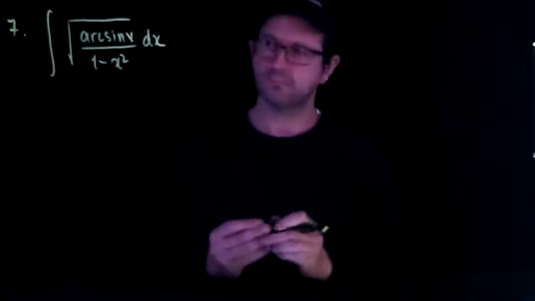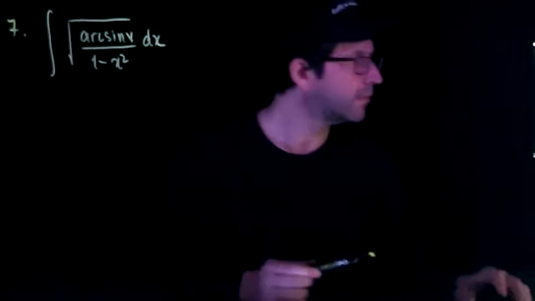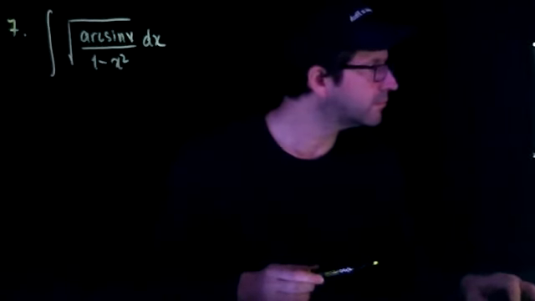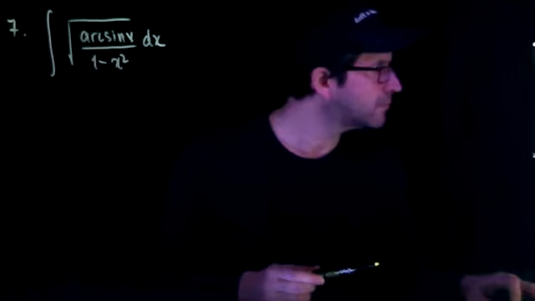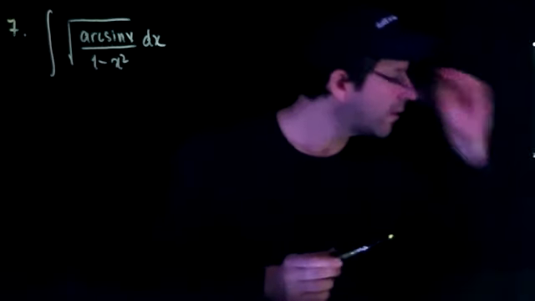Number 7. So the antiderivative of the square root of arc sine x over 1 minus x squared dx.